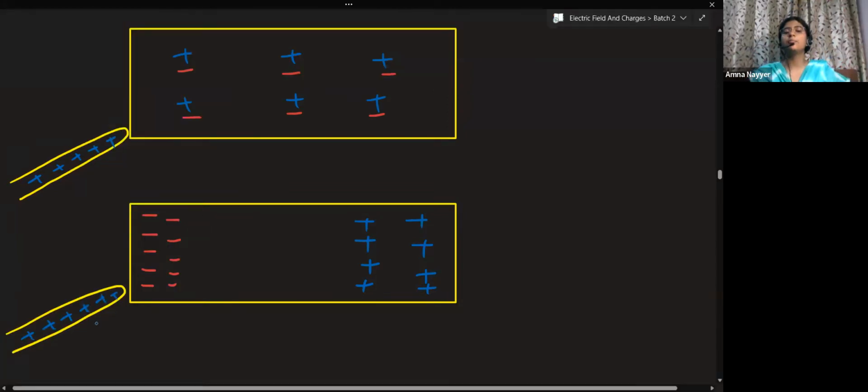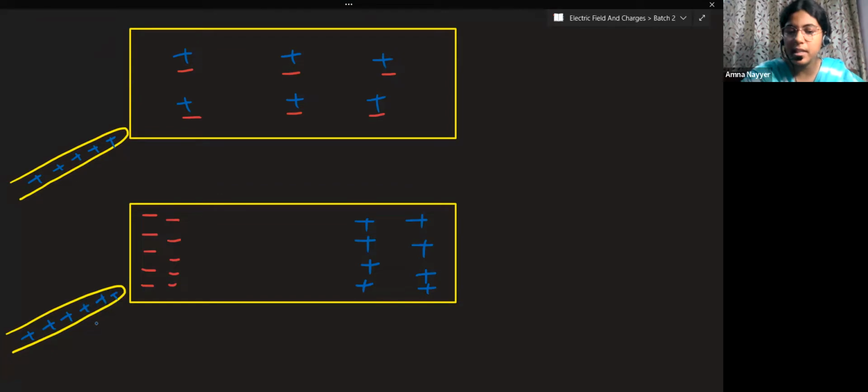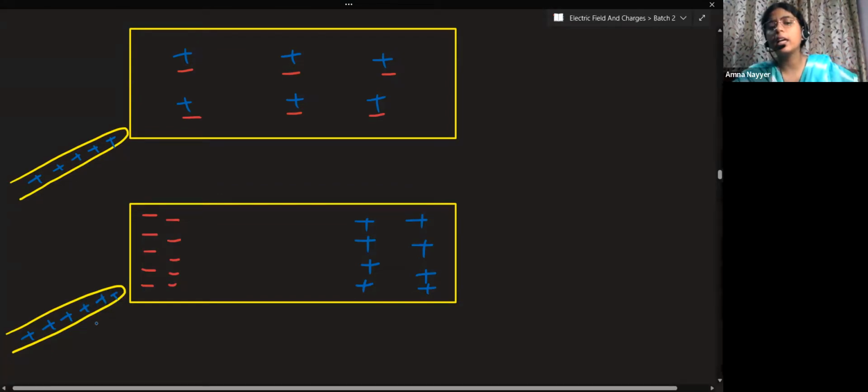So what has happened? All the negative charges which were present have accumulated towards the end which is near the glass rod. Now, if I reverse the case, had it been negative charge on the glass rod, then the opposite will happen. All the positive charges would have accumulated near the glass rod and the negative charges would have resided away.